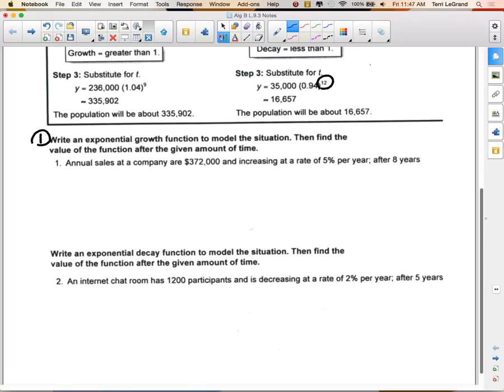Number one, write an exponential growth function to model the situation. Your exponential growth function has to have a y in it and a t in it. Has to. The only thing you're going to replace is the a and the r. Then, number two, second part of the problem, find the value of the function after the given amount of time.